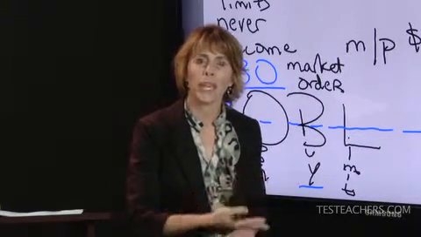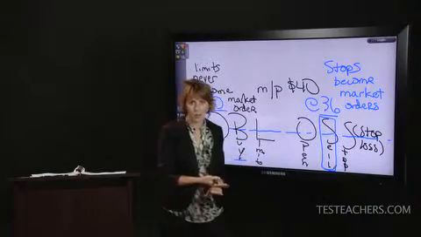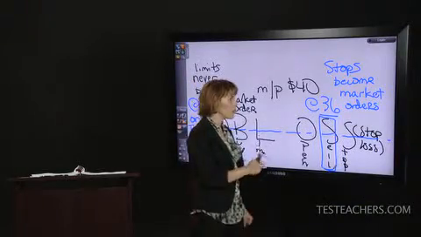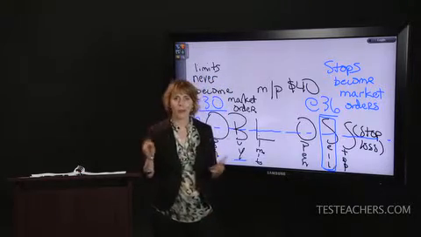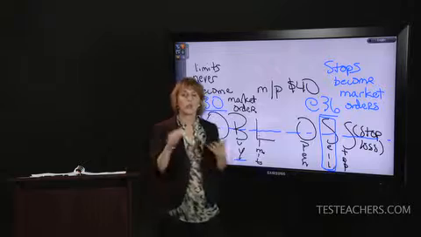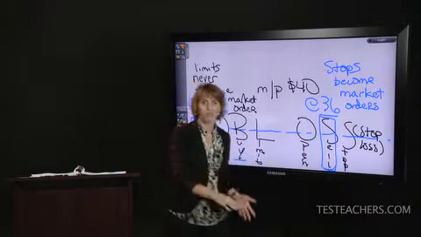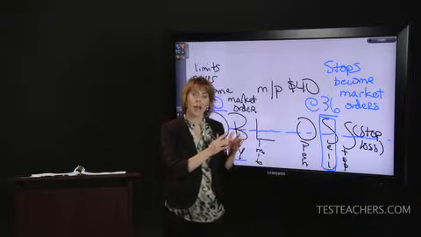The stop becomes a market order, which means you're going to sell at the next market price, which could be more or less. So if you followed the flash crash, which happened a while back now, there was this huge market gyration, this huge downward fall very quickly, and then an upward rise.